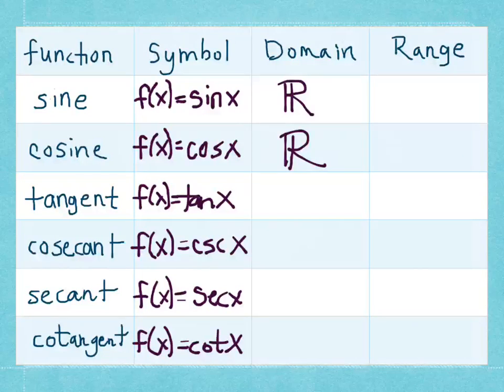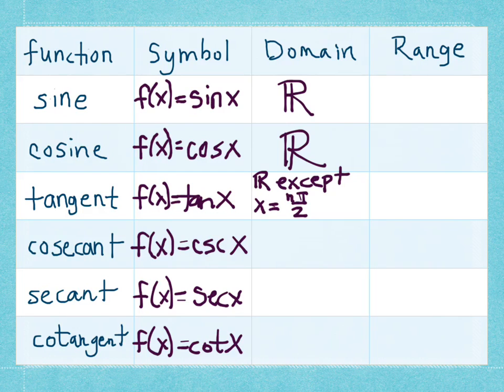And I know that you guys didn't use angle measures in terms of radians, but you're going to be using them more, and you're going to be using them right now. So this is going to look really funny because I don't have enough space to write it, but I think you do if you write small. Okay, so in here, this is all real numbers except when x equals n pi over 2 and n is odd.